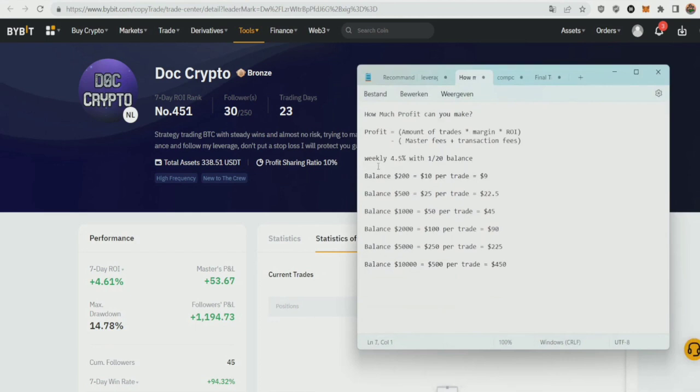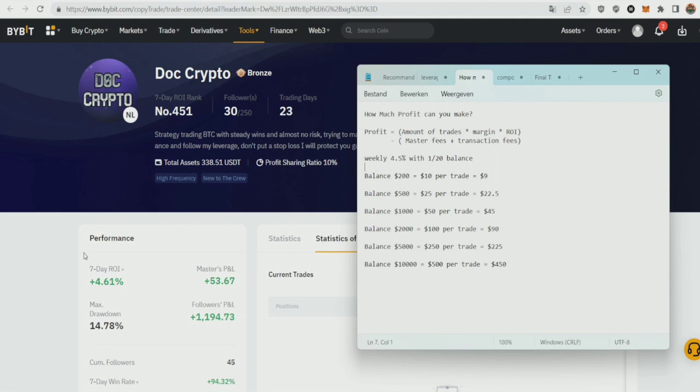But it's really easy also to notice this trader, which I am, actually does 1/20th of the balance. So the return on investment you see here is exactly what you can expect. Some traders only trade with 50% of their balance or 100% just to do risky trades to get high return on investment.